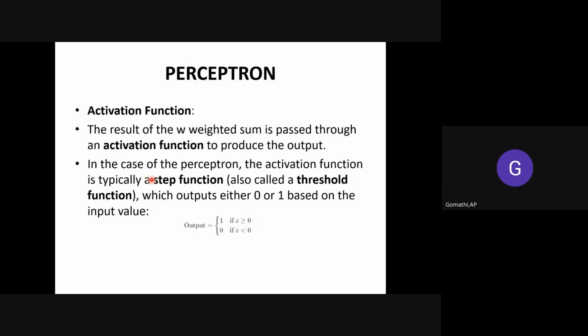The activation function is typically a step function, also known as the threshold function. All these names are suitable for the activation function. The output of the activation function will be either 0 or 1. Can you understand? If the weighted sum is greater than or equal to 0, the output of the activation function is 1. If the weighted sum is less than 0, the output is 0.